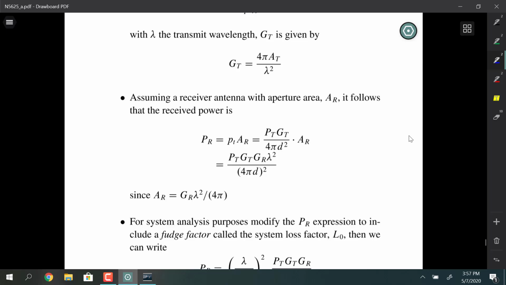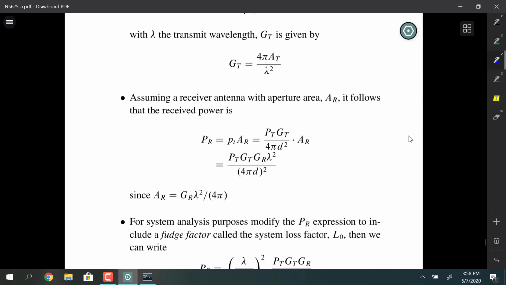So power received by an aperture antenna is going to be the power transmitted times the aperture area. And if the transmit antenna is also an aperture antenna, then we can throw the gain in for that aperture antenna, another term for the antenna that's transmitting. So we'll have this formula here, which tells us this is the power received from two aperture antennas.